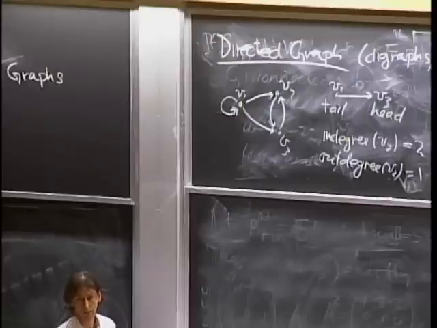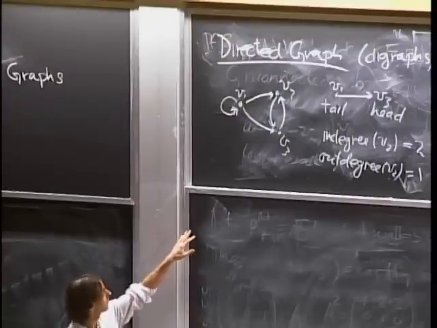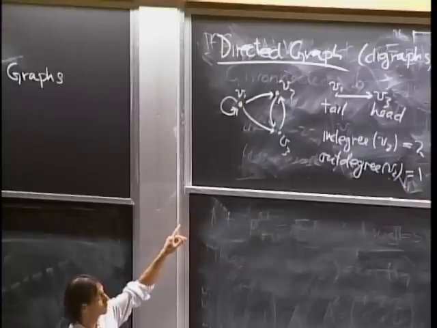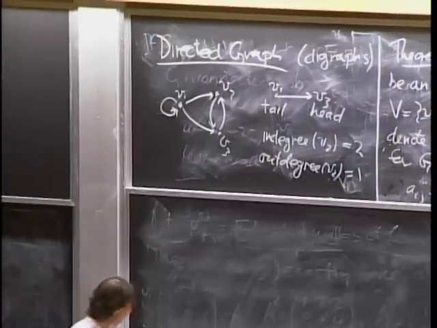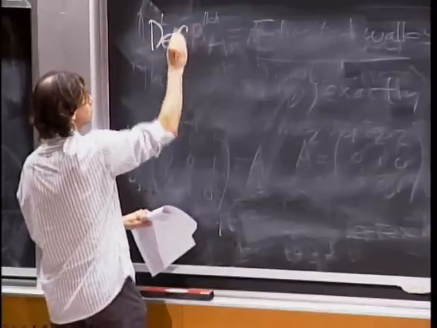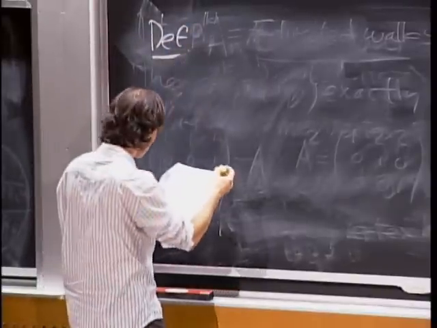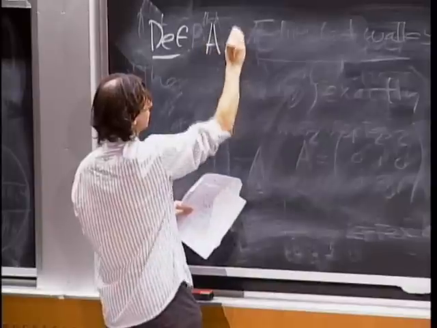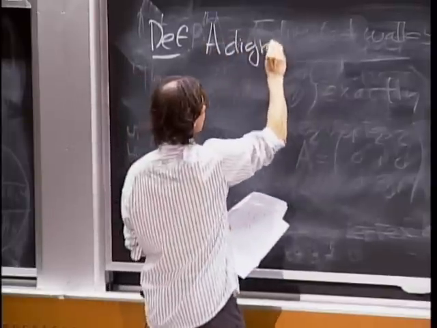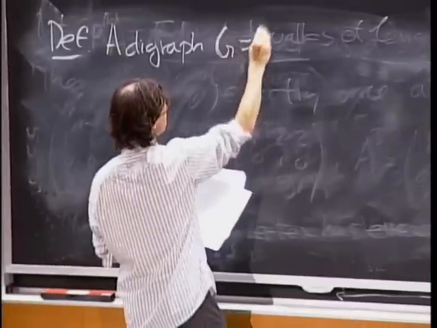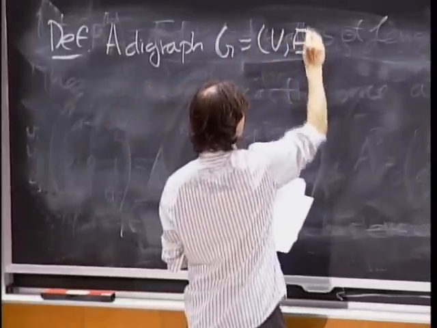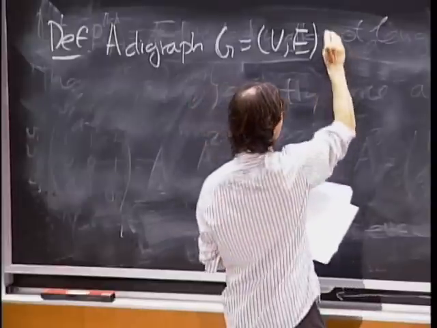So maybe I would call this graph connected. But if I look at V2, I only see an edge that goes from V2 to V3 and not to V1. So maybe I do not call it connected. So that's why we define a stronger notion for a digraph. So a digraph G = (V, E) is called strongly connected.